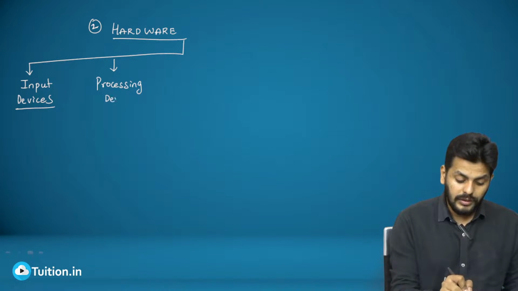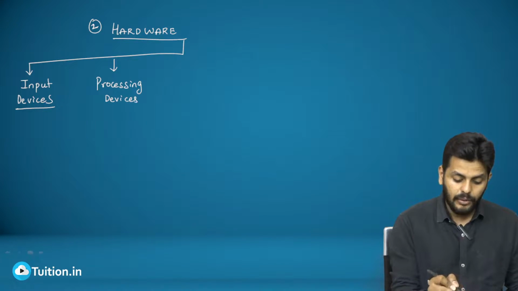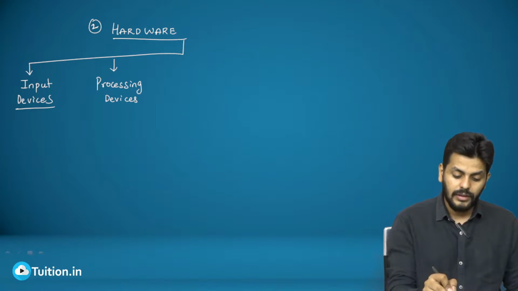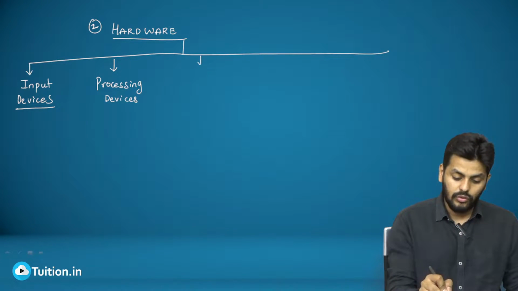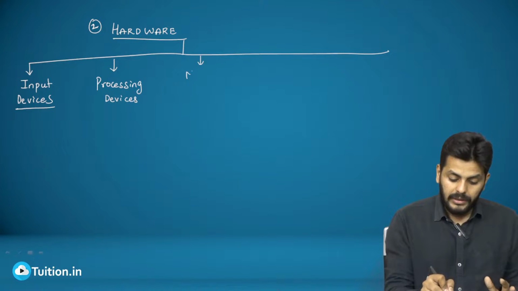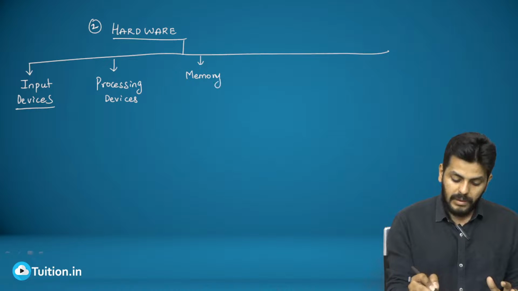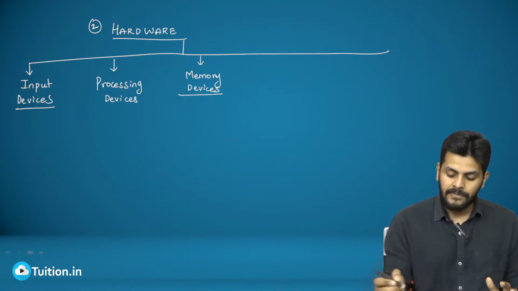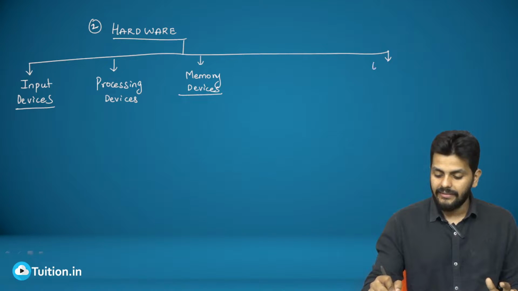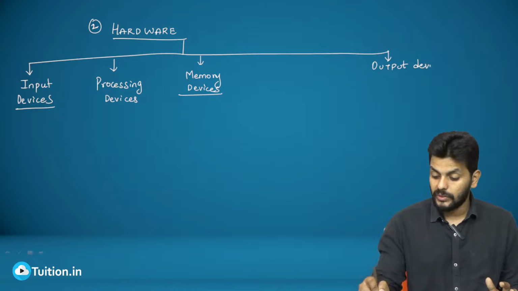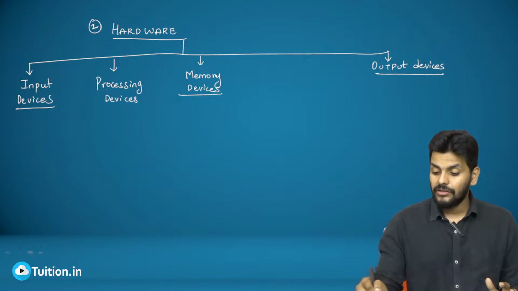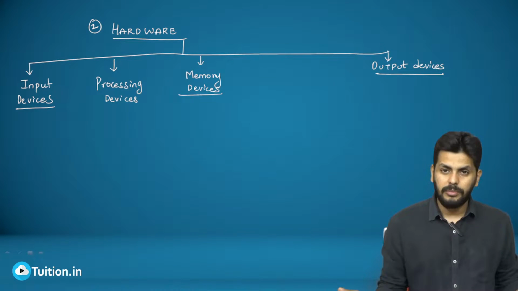Then we have memory or storage devices. And then we simply have output devices. Nothing much to discuss there. You know these devices as well. So let us talk about input and output devices first, because you know them.